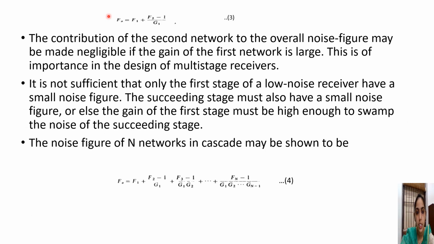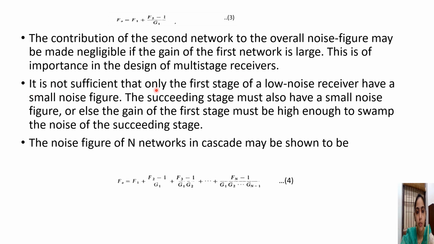When we consider this third expression we obtain for the overall noise figure of two networks in cascade, we can see that there is a denominator factor of the gain of network 1, that is G1. So if the gain of the first network is very large, then we can neglect the contribution of the second network to the overall noise figure. This is very important in the design of a multi-stage receiver.